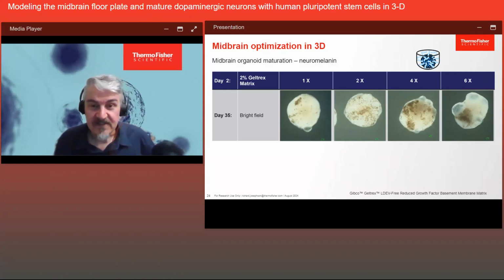And what we saw is that the amount of neuromelanin at 5 weeks increases with increasing inducer concentration up to 4x the typical concentration. And this is easily seen without any need to fix or stain the organoids. We just look for the pigment.